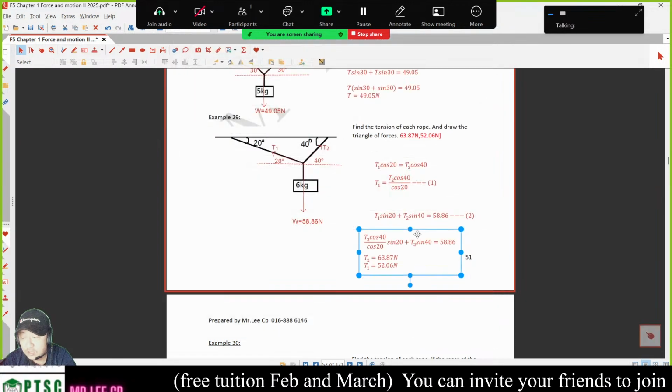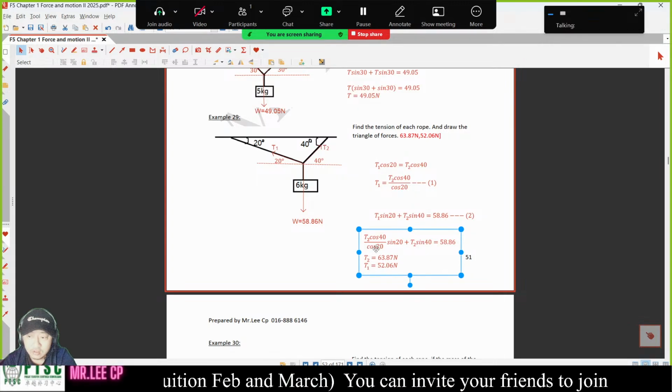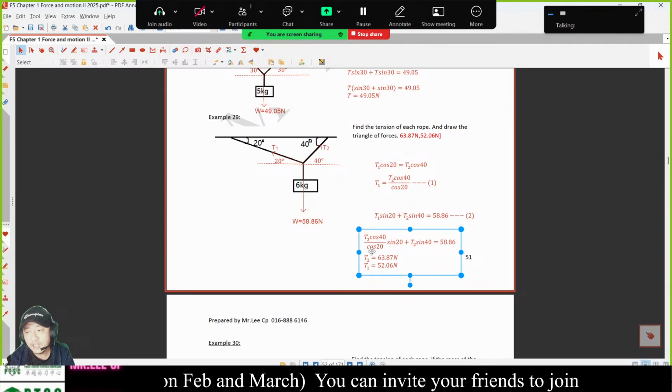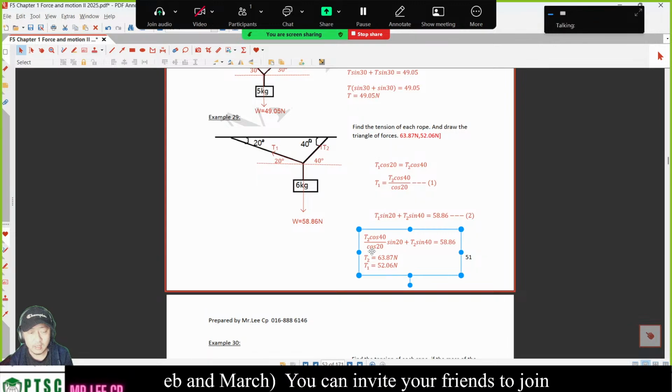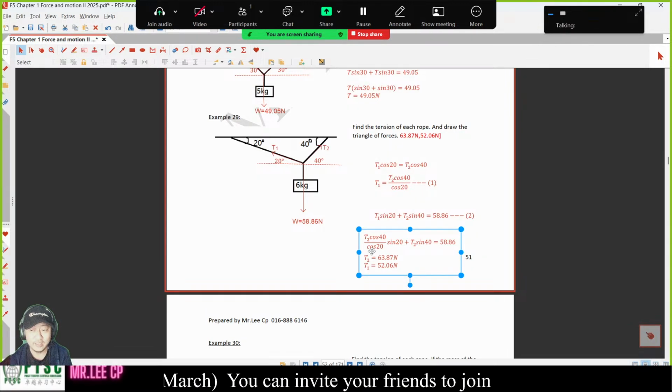You just substitute this one into here back. So if you want to write from T1 is blah, blah, blah, you go ahead to do it lah. So I don't do it lah. So this one is simple one.